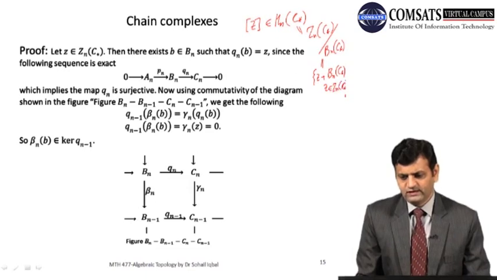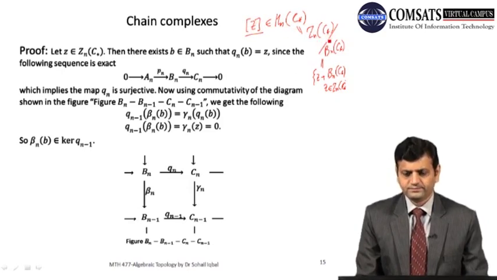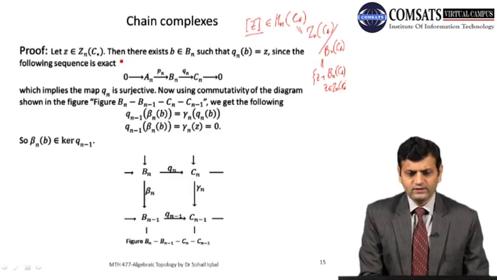So if we take a class, square bracket Z, from this homology group, then this Z is in fact an element of Zn C star. Then there exists an element B belonging to Bn, such that Qn of B is equal to Z. Okay, so why does this hold?